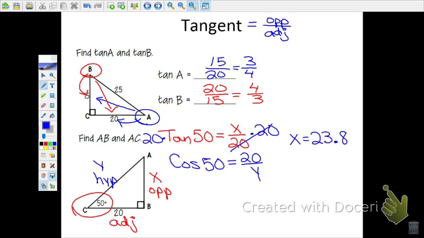Our variable that we need to get by itself is down in the bottom. So this one is going to look a little bit different.